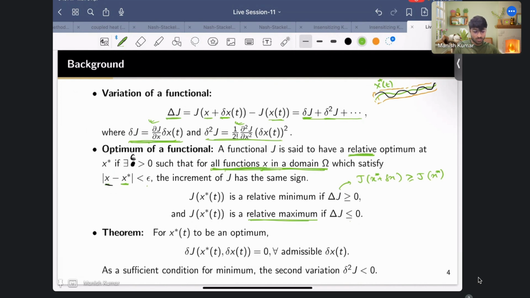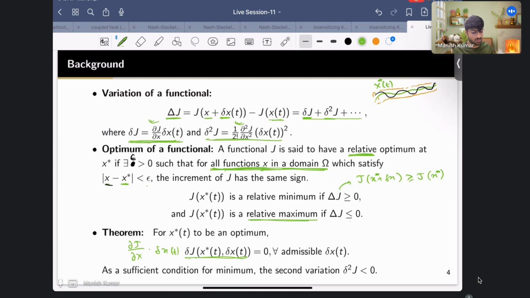Now the theorem says, analogous to what you have seen in the case of functions, that for x star to be optimum, the first derivative should be 0. So this delta j, x star, delta x t, is nothing but del j del x times delta x t.